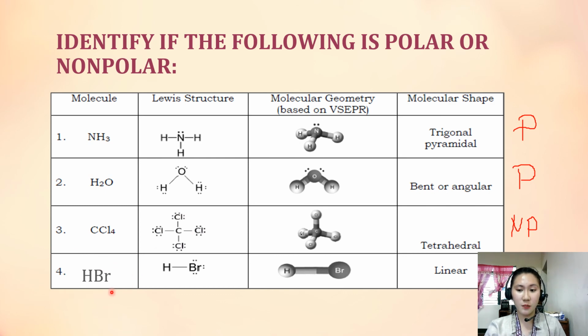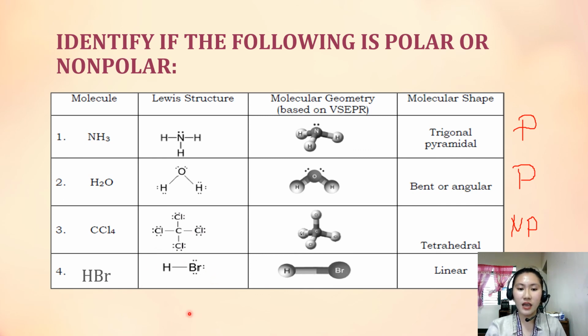Okay. Next, lastly, we have HBr. So, this is not a polyatomic molecule kasi dalawa lang. Okay? So, we have here H and Br. So, ito yung kanyang Lewis structure. Molecular structure niya is ganito. So, the same ba? Yes, it is the same. But, the sharing of electrons is unequal.